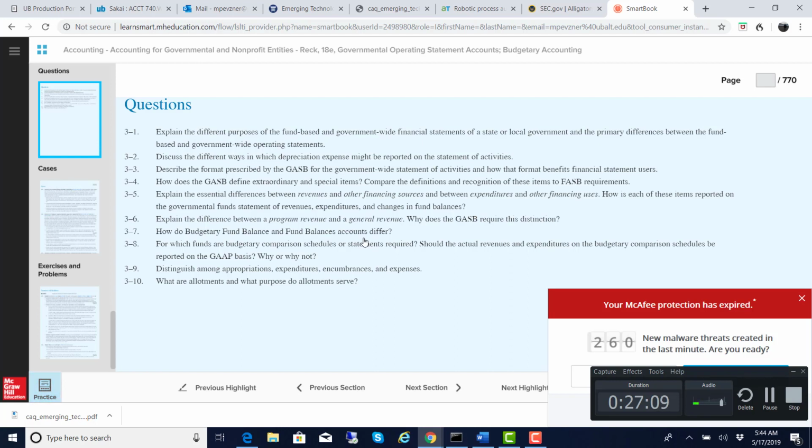Over time, as they become allotted, they reverse to allotments, and the allotment is what you can use over time. And then, of course, allotments at the end of the period will also be zeroed out. So it just provides an extra step to control use of appropriations by the government.